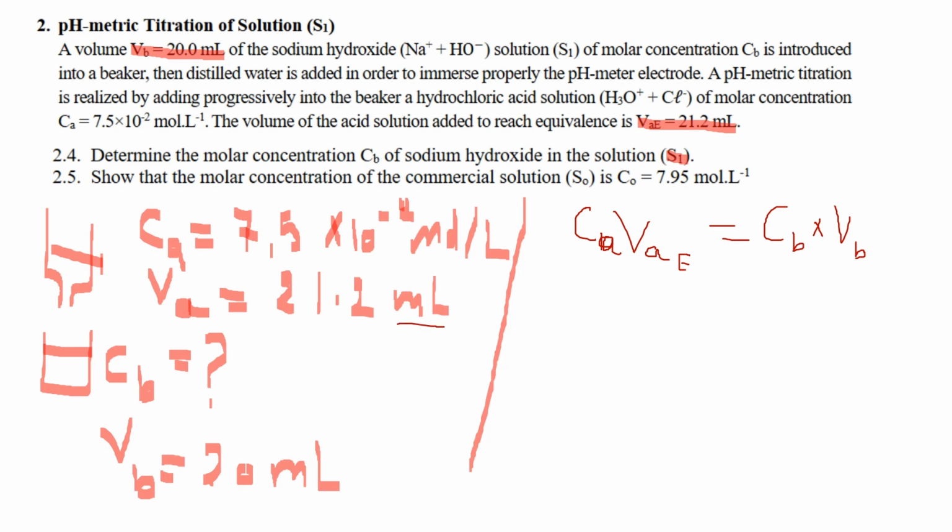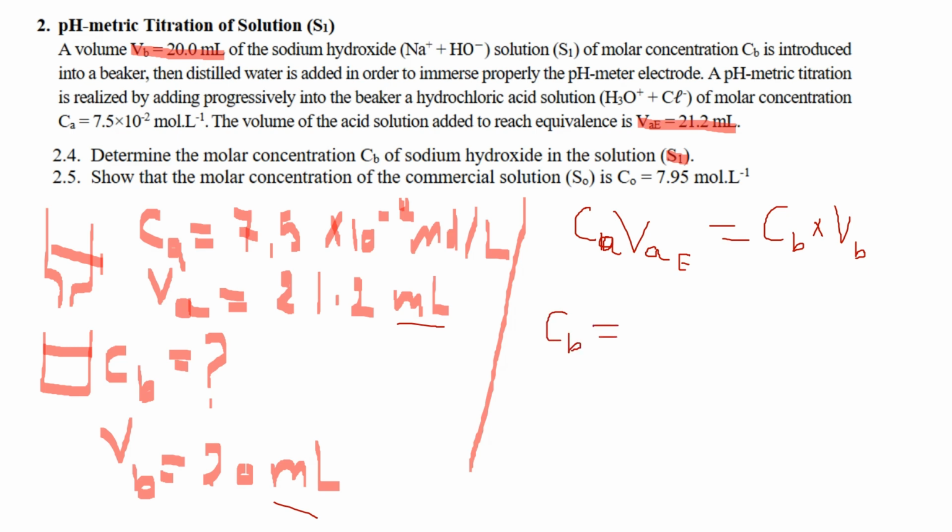We have an issue of changing milliliters to liters. You can use the volume in liters, but during the calculation we will be dividing the two volumes, VA and VB. So once we divide them, there's no need to change to liters. But you can do that, and you will obtain the same answer. So how to calculate CB?